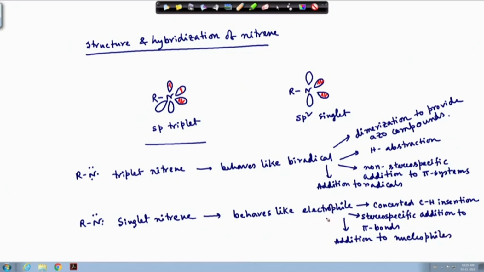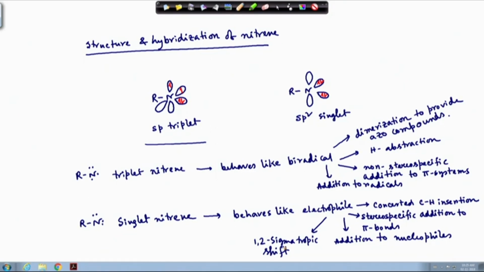Or, similar to carbenes, here also it is possible to have a 1,2 sigmatropic shift. And obviously, this type of sigmatropic shifting will lead to different types of rearrangement reactions, which we will discuss in the reactions and rearrangement part of nitrene.